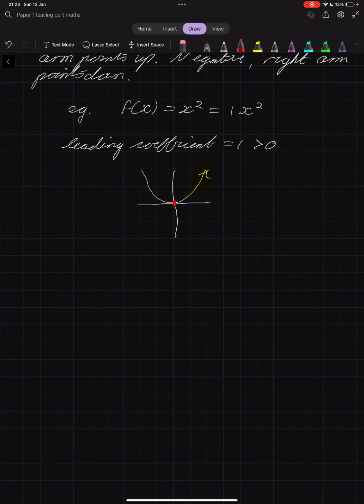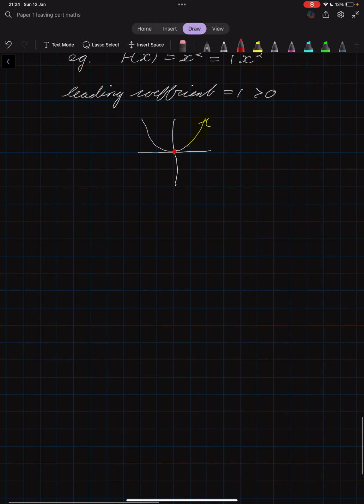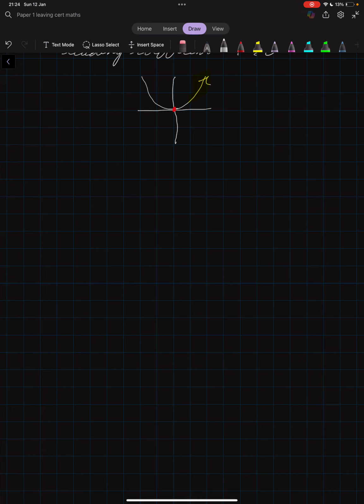Now, you might be looking at that and saying, okay, well, yeah, whatever, the right hand points up or down. Okay, how does that help me? Well, now if we have cubics, say f of x equals x cubed, maybe I'll do minus, just to show.